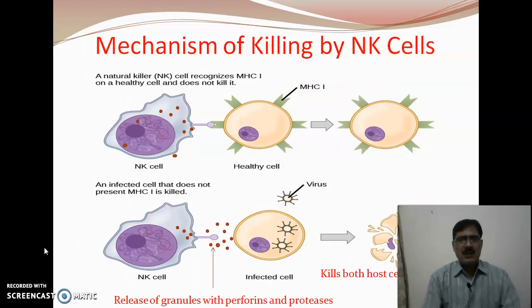Now, how these natural killer cells distinguish between an infected cell and a healthy cell is shown through this slide. As you can see, the mechanism of killing by NK cell. In the first one, a healthy cell is shown, and on its surface the major histocompatibility complex class 1 is attached.